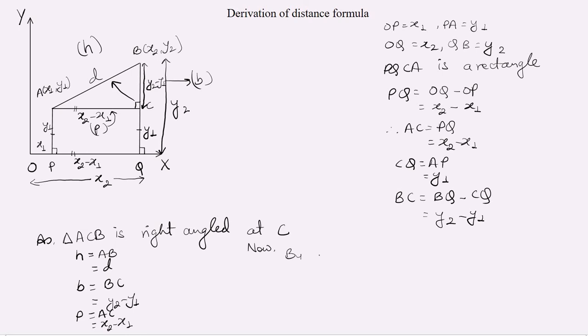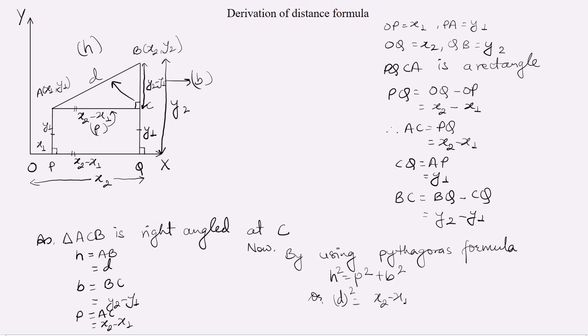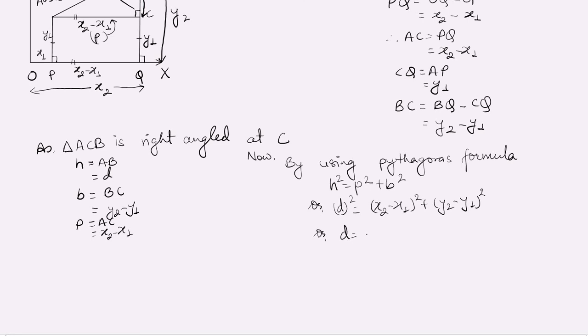Now, by using the Pythagoras formula, that is h square equals p square plus b square, where the longest side is D: D whole square equals (x2 minus x1) whole square plus (y2 minus y1) whole square, or D equals square root of (x2 minus x1) whole square plus (y2 minus y1) whole square.